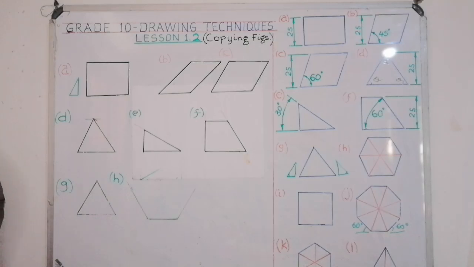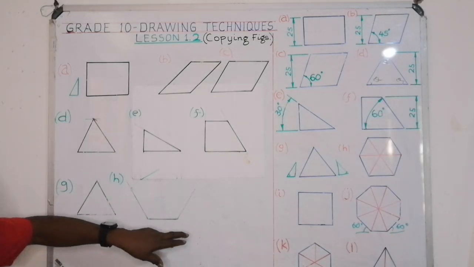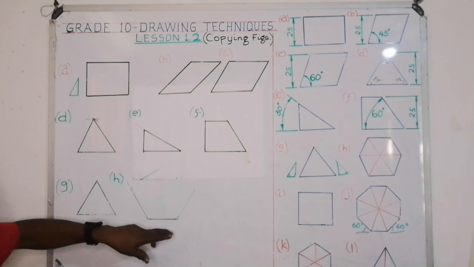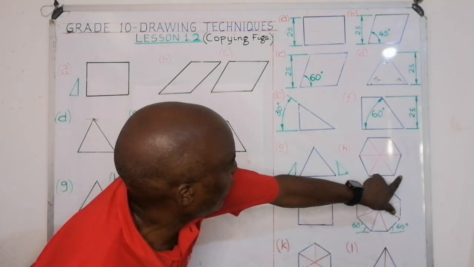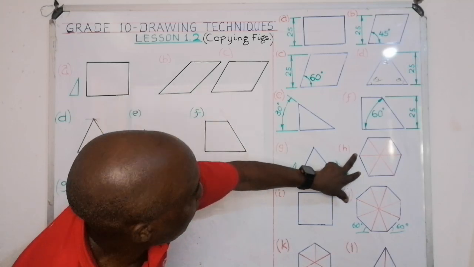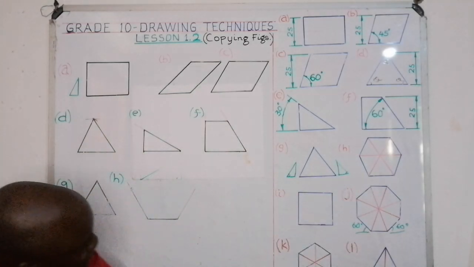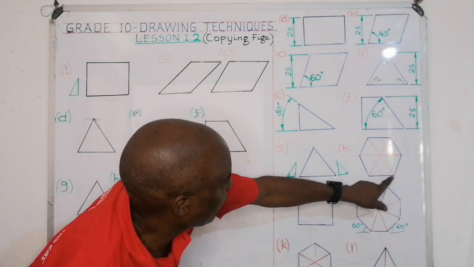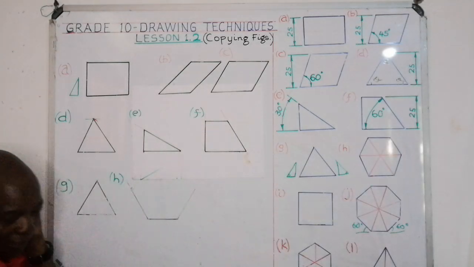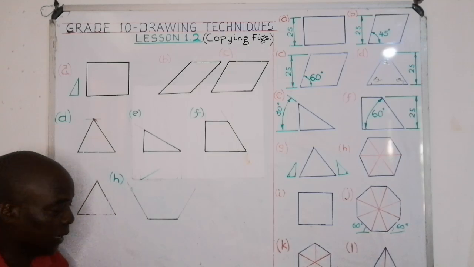Right. Then from there now, we are going to have the same side. This one here is the same as that because it's a regular hexagon. And on this one, you can also draw this at 60 degrees from those corners. At 60 degrees.